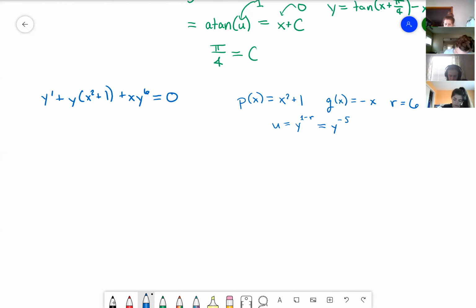That gives us u prime is equal to minus 5 y to the minus 6 y prime. And so we have y prime is equal to u prime y to the 6th, with negative 1/5 in front.